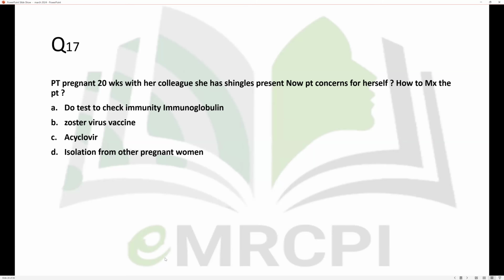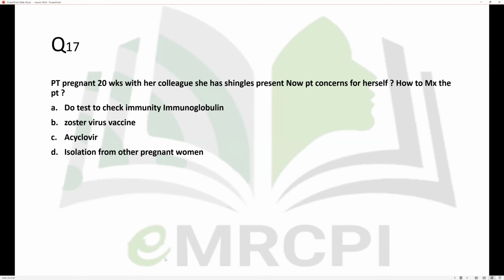But the question here, this patient had exposure. Is she immune or non-immune? What do you know about it? What do you think? You will need to test, right?